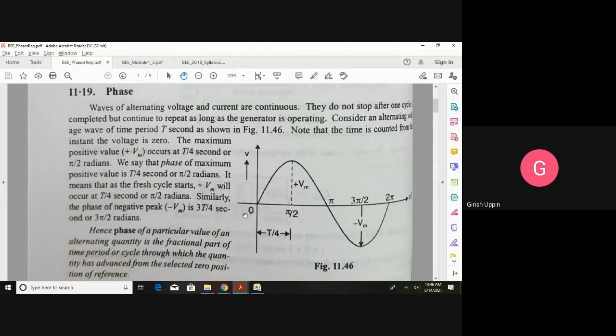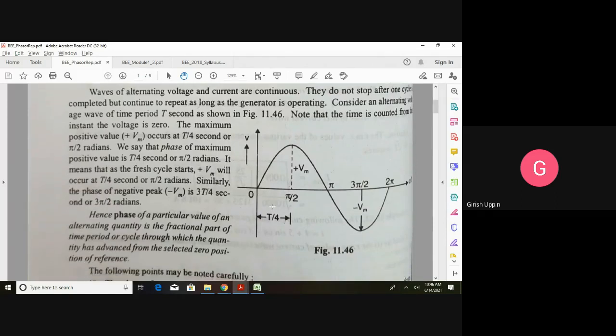So what is the phase? It is nothing but the time from the reference, so time or angle. We know that this x-axis can be represented as an angle as well as time. That is called the phase. You can see the definition here.